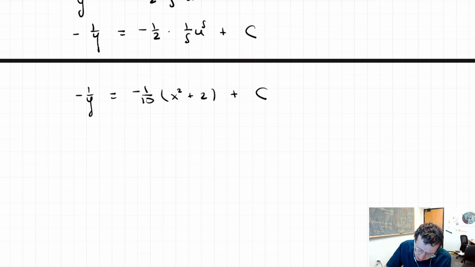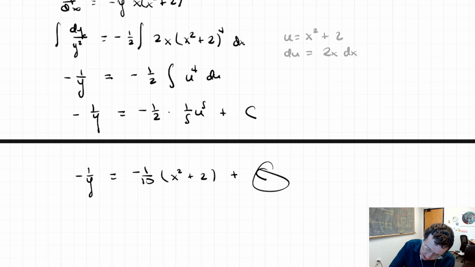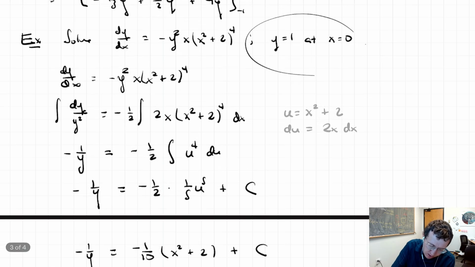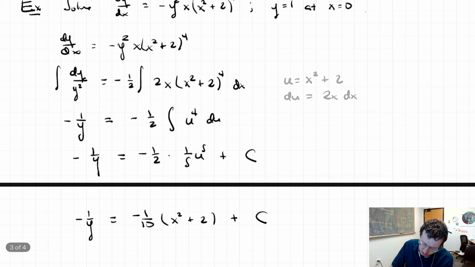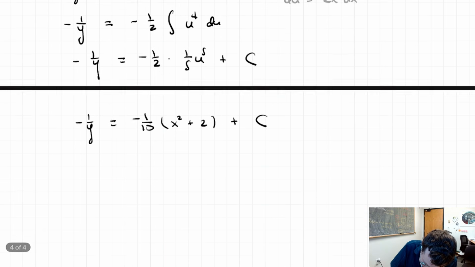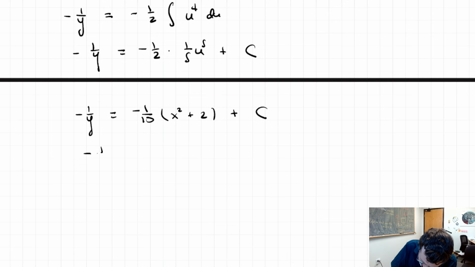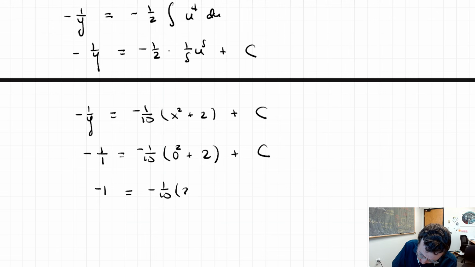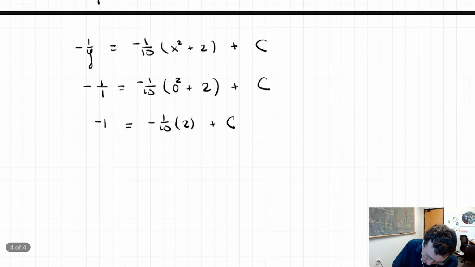So I have an equation, but it has this constant. I'm going to use my initial condition to find the value of the constant. So y equals 1 when x equals 0. That means minus 1 equals minus 1/10 times 2 plus c.